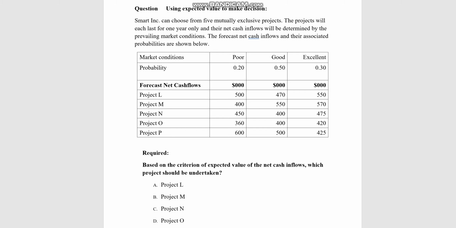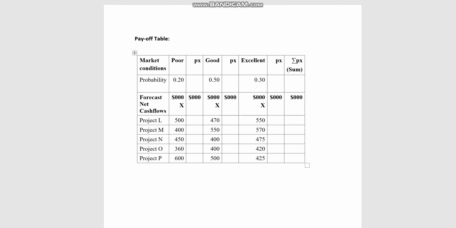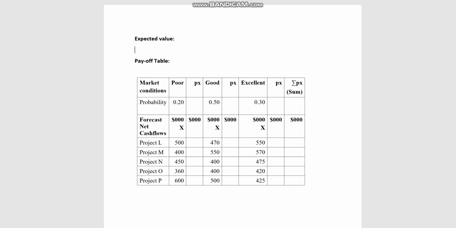So before we actually work out this exercise, you need to make sure that you understand the idea of expected value. So what is the expected value method? Expected value simply represents a weighted average value of all outcomes.